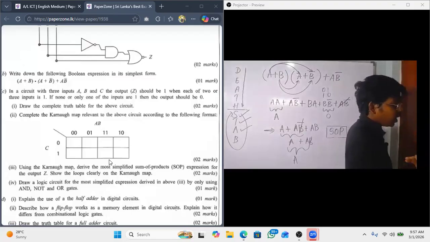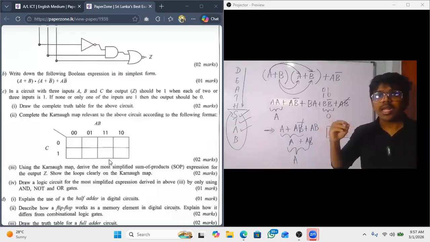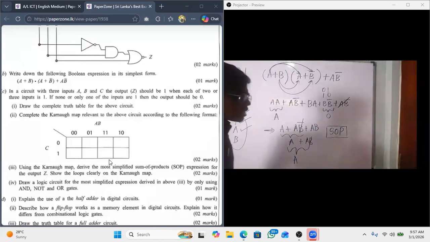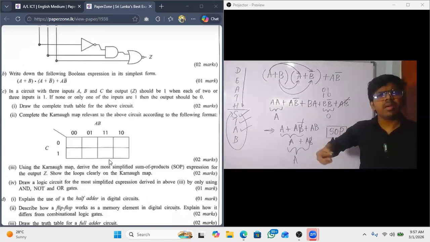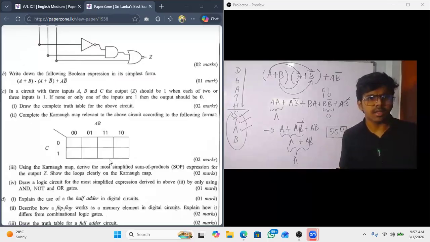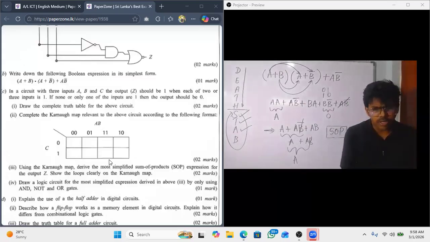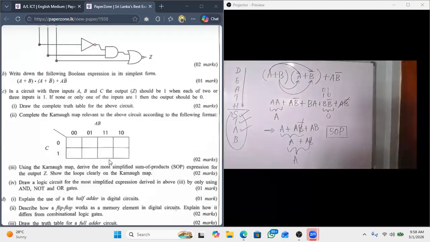Same way, if you think I know the concept and don't exercise your brain, you won't be perfect at the exam. When you exercise each and every time, even by milliseconds, your speed is increasing. In the exams, you are going to spend under 5 minutes for this question. You are going to complete it in between 3 to 4 minutes if you have that practice.